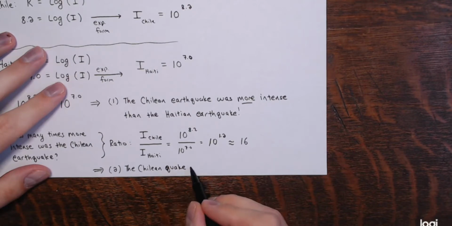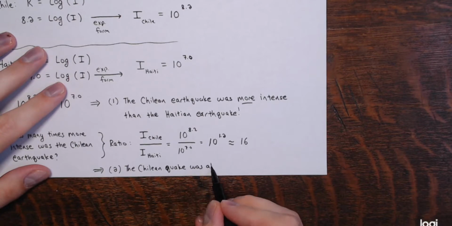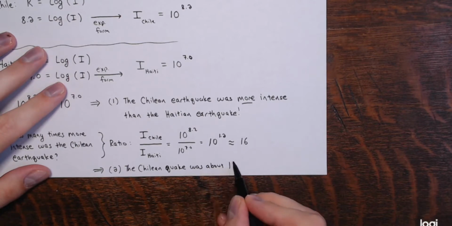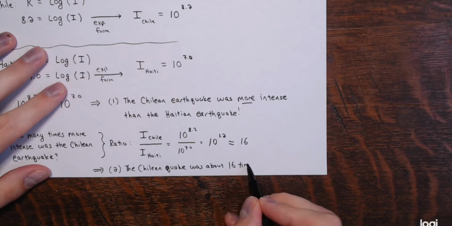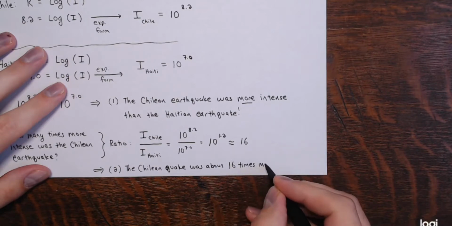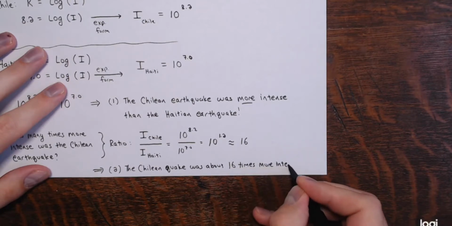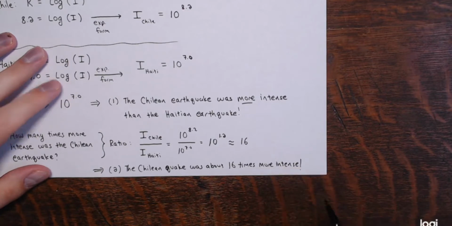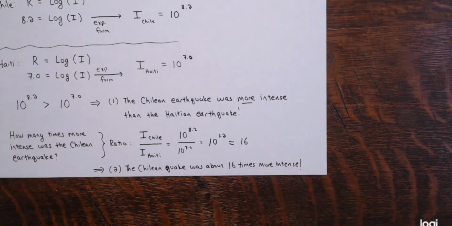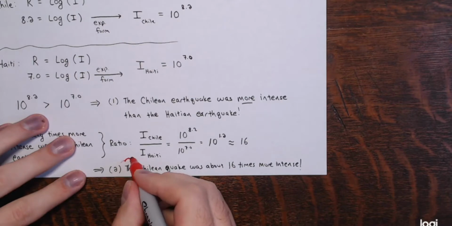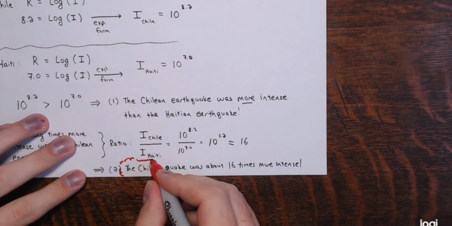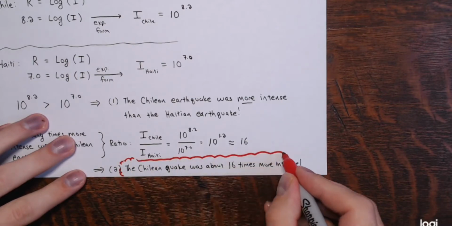The Chilean quake was about 16 times more intense than the Haitian earthquake. And that's more interesting to say. It actually has some number involved, has a little bit more meaning.